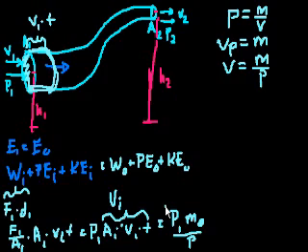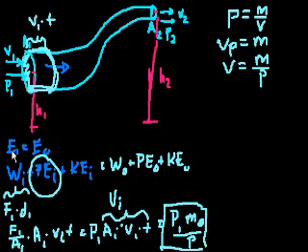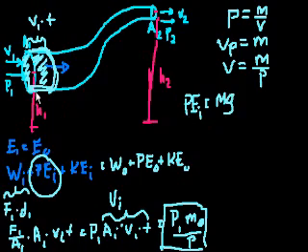So there we go. We have an interesting expression for the work being put into the system. What is the potential energy of the system on the left-hand side? Well, the potential energy input is going to be equal to that same mass of fluid that I talked about, times gravity, times this input height, the initial height, h1.